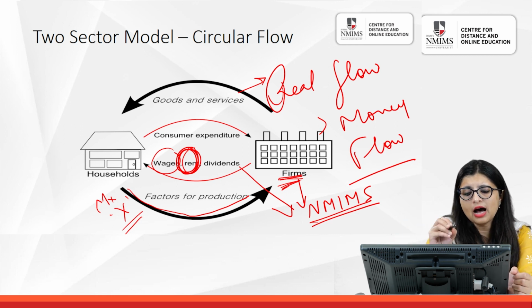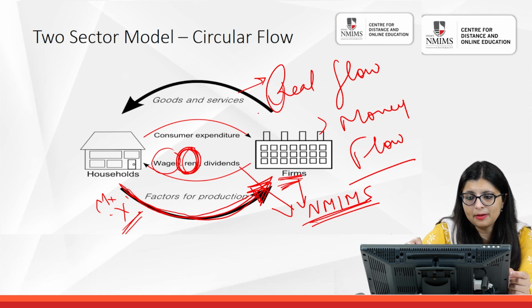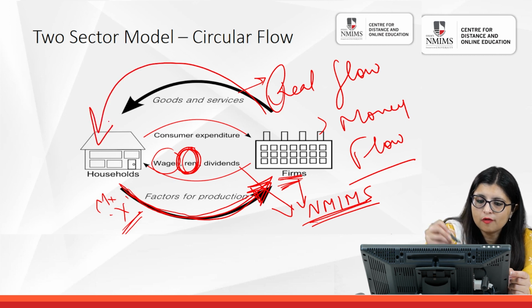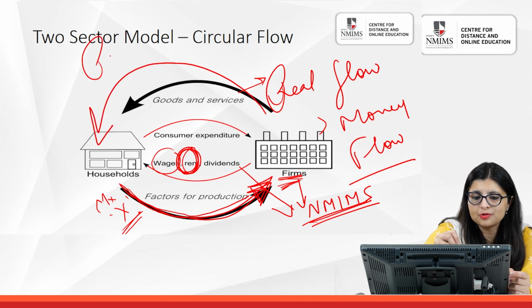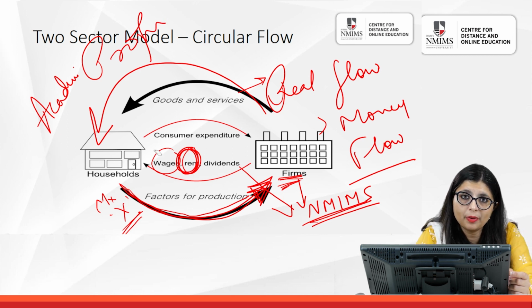We can see the household, since it owns the factors of production, is giving them to the firm. That is, Mr. X owns land and he has lent the land to the firm, NMIMS. And NMIMS in turn is giving services in the form of academic programs to the household, which are used by them.